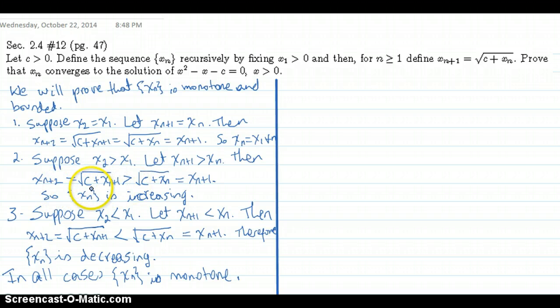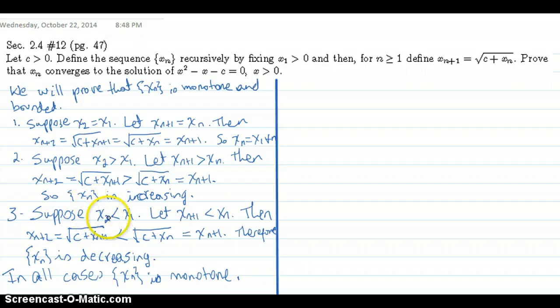By definition, it's the square root of C plus x_{n+1}. But x_{n+1} is greater than x_n and those terms are all positive, so the square root of C plus x_{n+1} is greater than the square root of C plus x_n, which is by definition x_{n+1}. So x_{n+2} is greater than x_{n+1}. What that means is x_n is an increasing sequence.